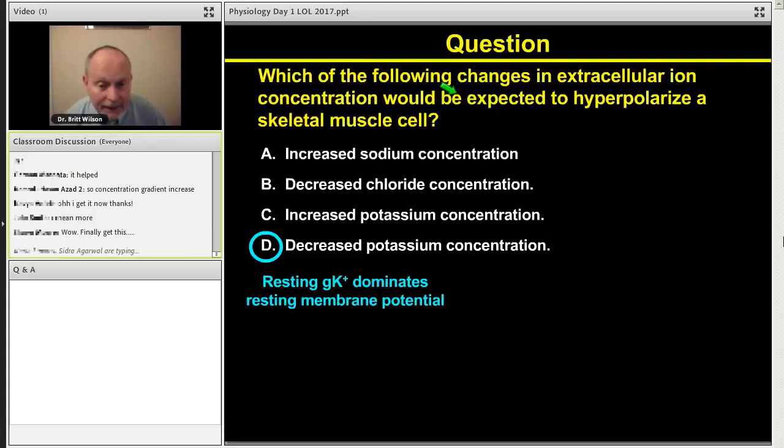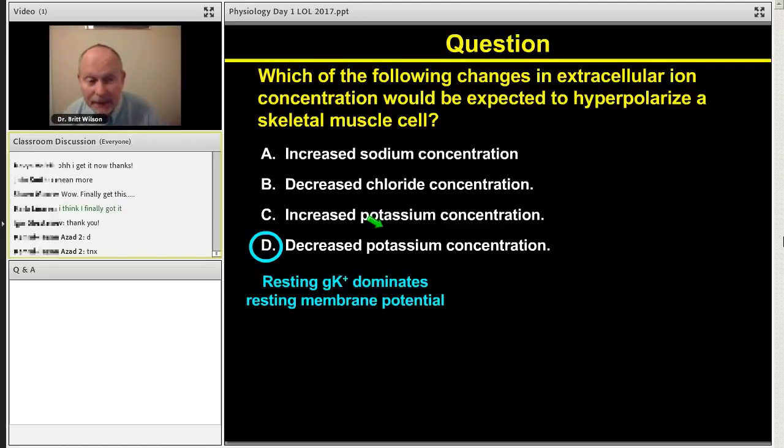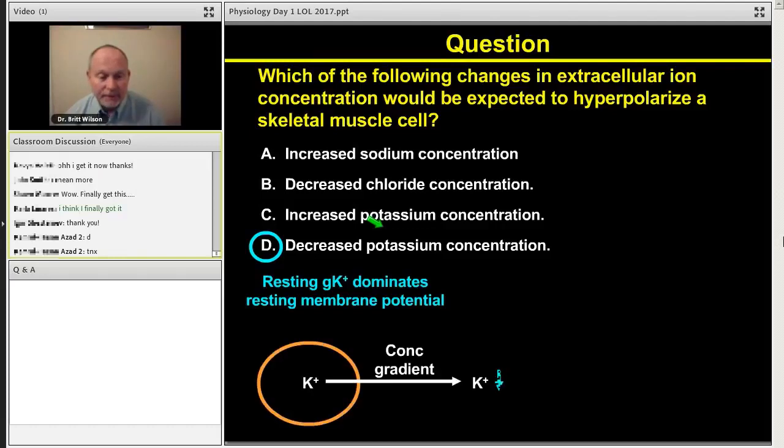So I go back. We're going to hyperpolarize the skeletal muscle cell. Hyperpolarized skeletal muscle cell. We know A and B are wrong because it has to be potassium, because that's the key player. All right, if it's going to hyperpolarize, that means the positive charge left.